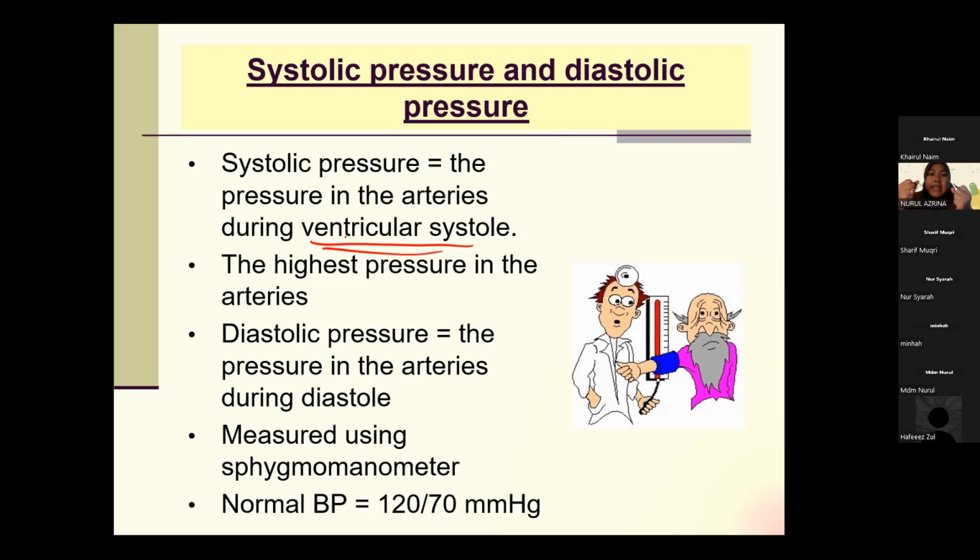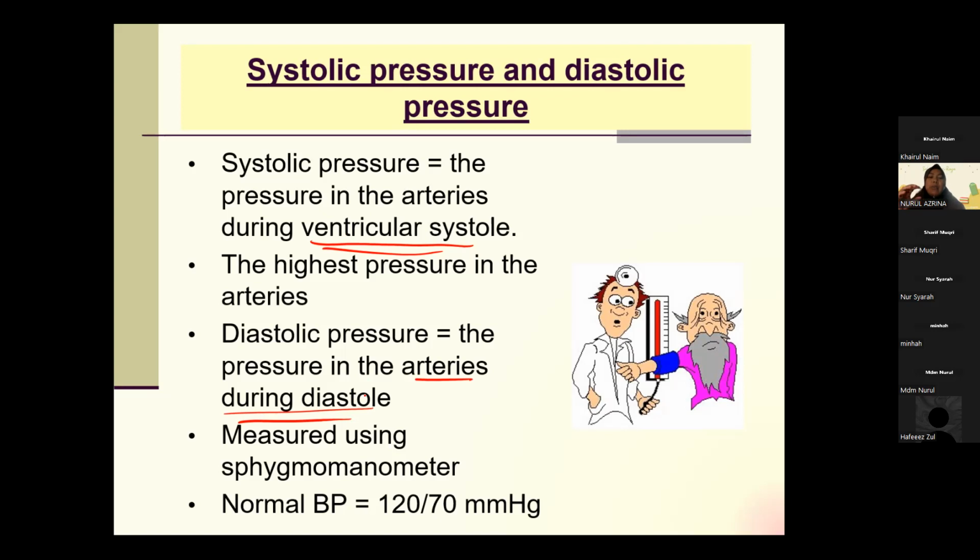When ventricle contract, what is the pressure of blood from the heart? That is systolic pressure. And diastolic pressure is the pressure in the arteries during diastole, when it is in relaxation mode. So berapa pula pressure dia whenever dia dah relax.